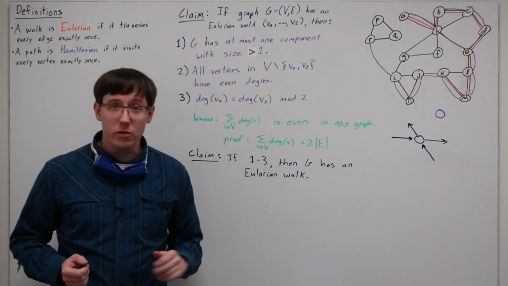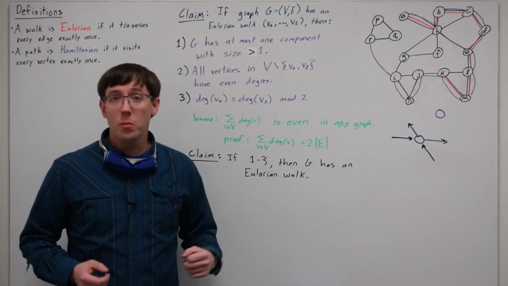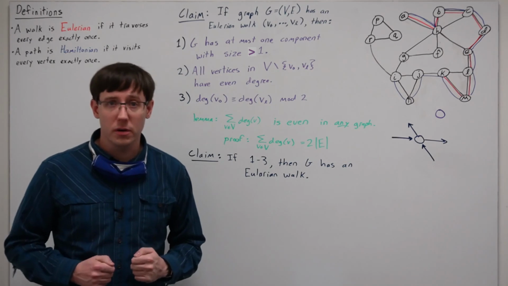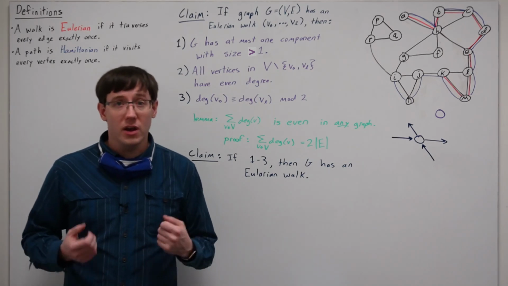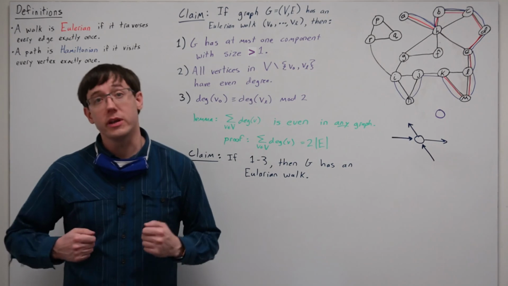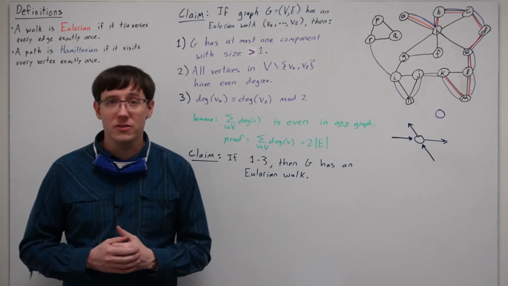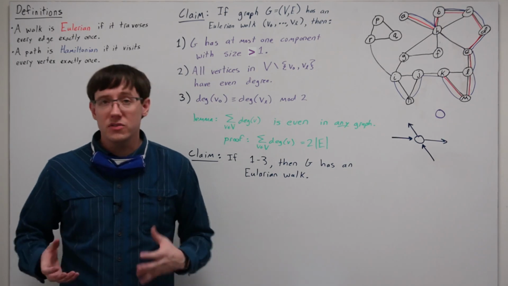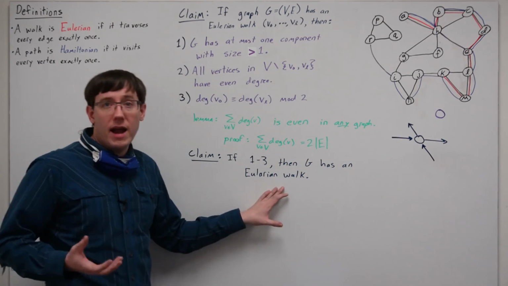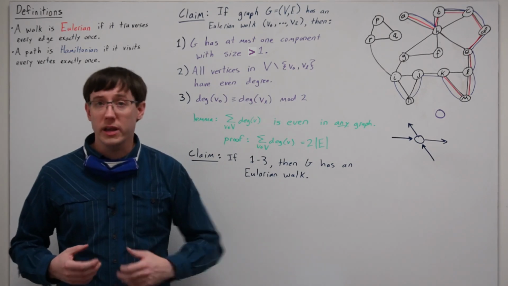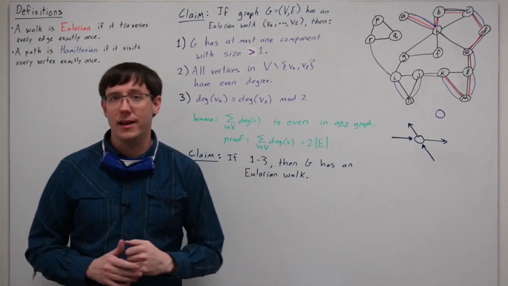I am not going to prove this direction of the implication, but it is covered in detail in your reading in the textbook. And if this topic is of interest to you, then that's a pretty good sign that you would be interested in taking our upper-level class on graph theory. Because these sorts of proofs about graphs and their properties are exactly the sort of thing that you do in much greater detail in that class.